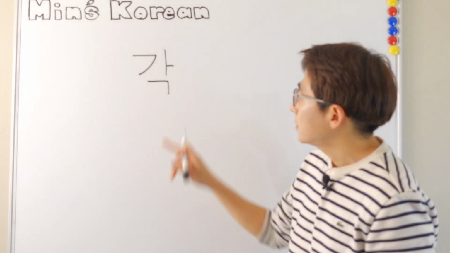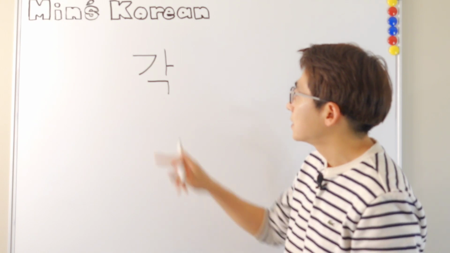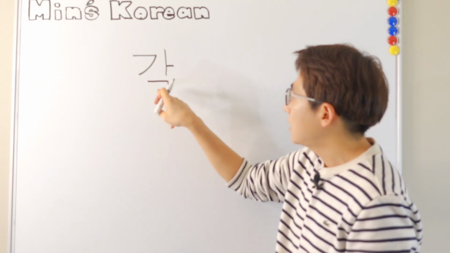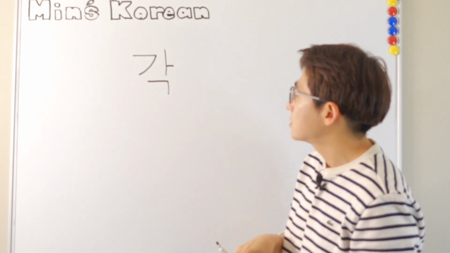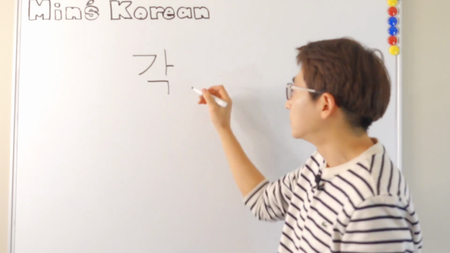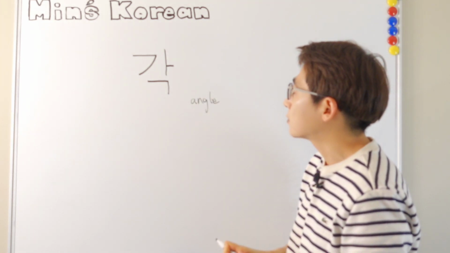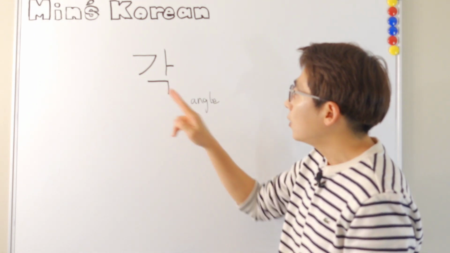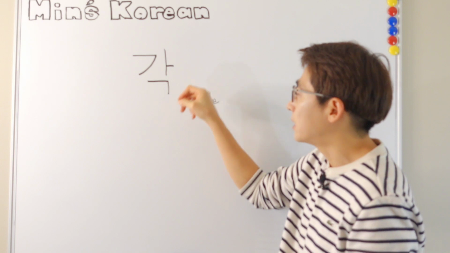Okay, this is a Korean syllable and it's written as 그, 아, and the final letter guk. So 각. It means angle. And when you write Korean Hangul, always start from left to right and top to bottom.